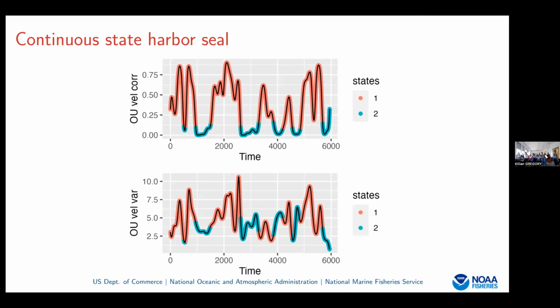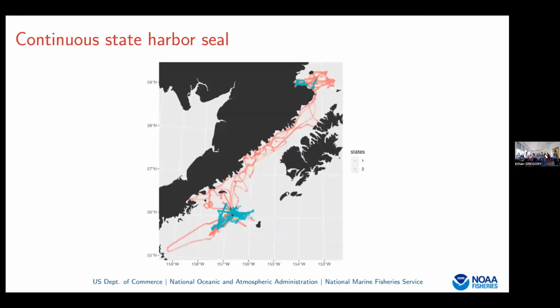What it sounds like a lot is either this foraging state where you're just kind of going all over, or highly correlated, straight movement. And if we plot this on a map, that's kind of what we get: this foraging-looking stuff in the blue, and then the more directed travel in the red.